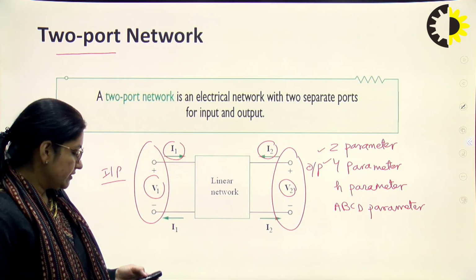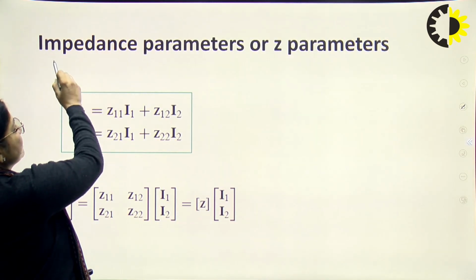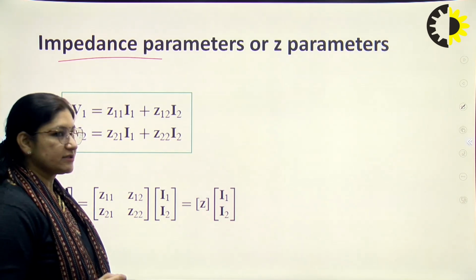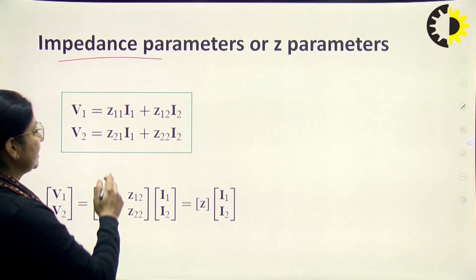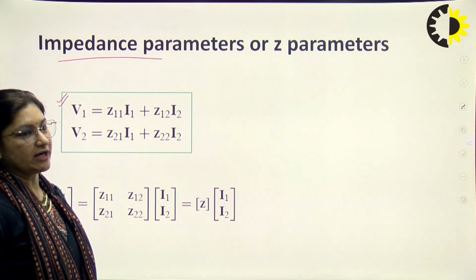So what is a Z parameter? Z parameter is the impedance parameter. Impedance parameters are also called Z parameters. We need to have a look at what the standard equations for Z parameters are.